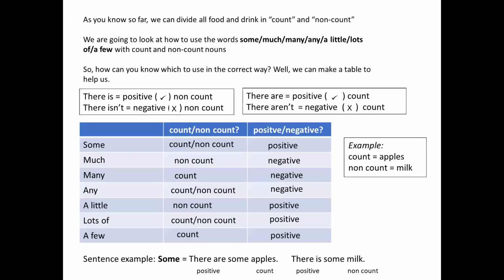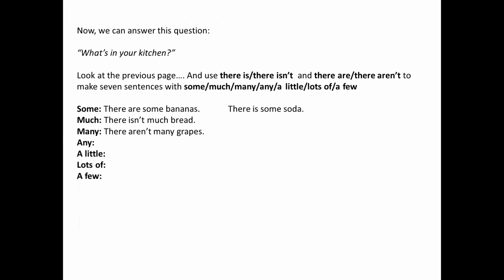For much, we can see in the blue chart, we can only make 1 sentence, which is non-count negative. There isn't much bread. So we know bread is non-count and isn't is negative.